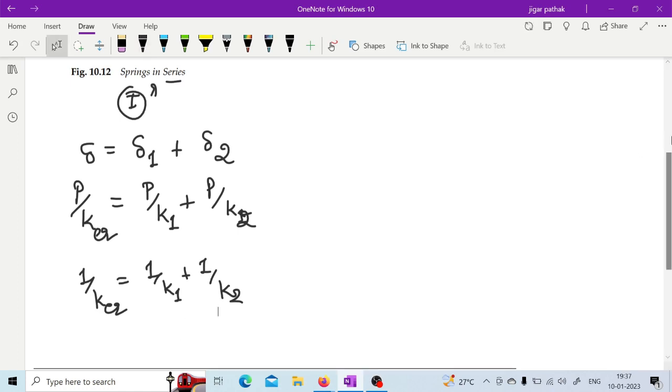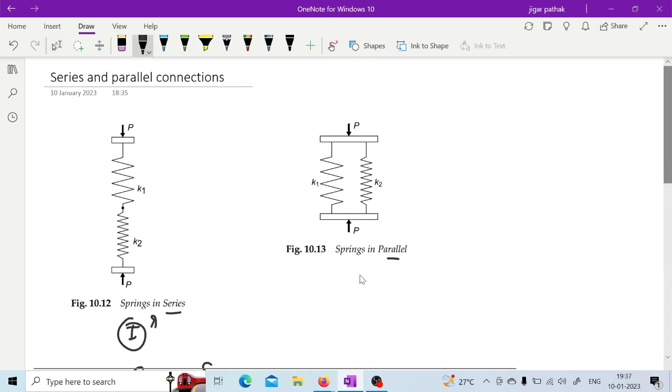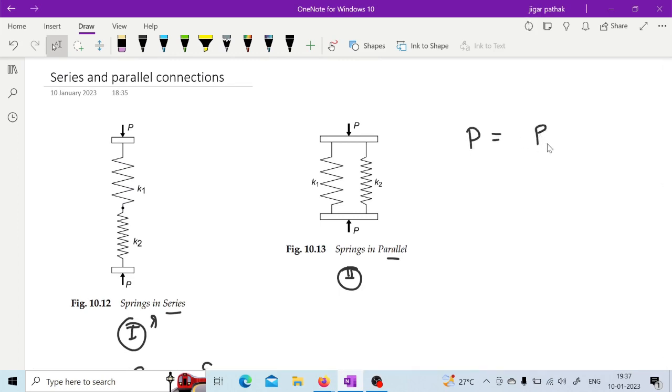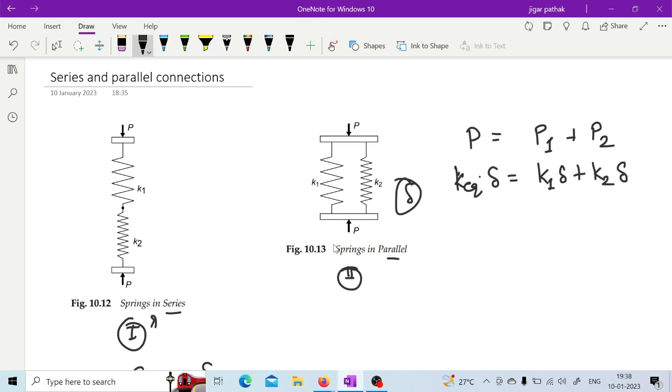And in case of springs in parallel, the load is borne differently by both the springs, while the deflection remains the same for both springs. So when calculating the equivalent stiffness, delta remains the same, so we get K1 delta plus K2 delta, because deflection is the same in springs in parallel.